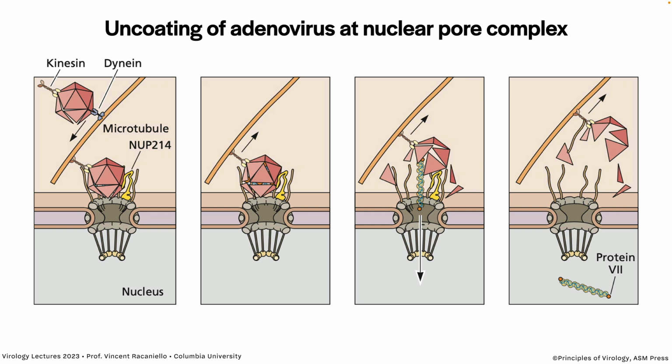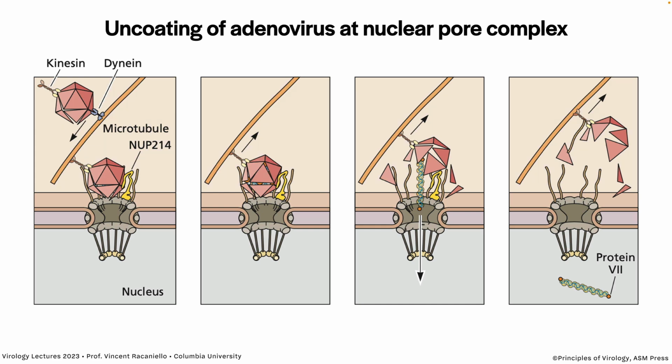So dynein motors bring things from the plasma membrane to the nucleus, kinesins bring them out. And so adenovirus is sitting on the pore. The idea is that the kinesin starts to pull the capsid away, but it's really stuck on the pore and it breaks up, and that allows the genome to come out and get into the nucleus. So the opposing force of the motor pulling the capsid further breaks it up, the DNA comes out.